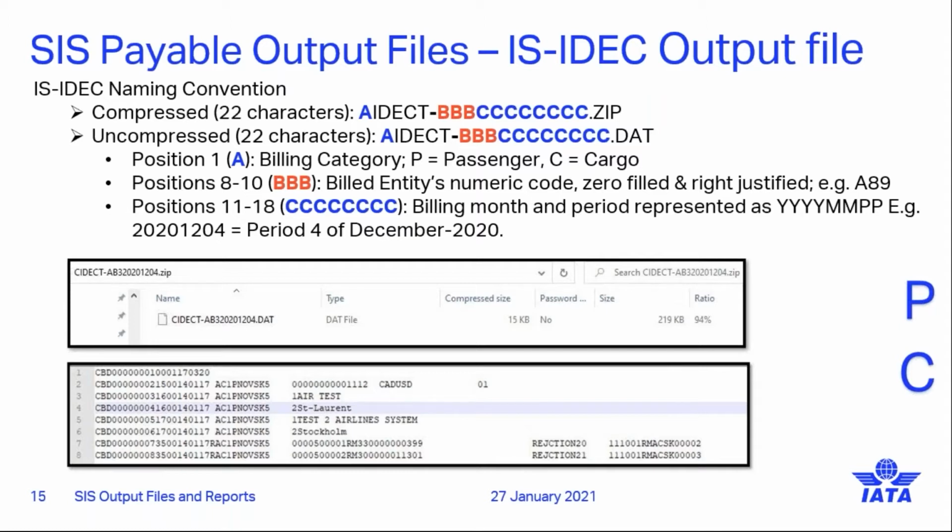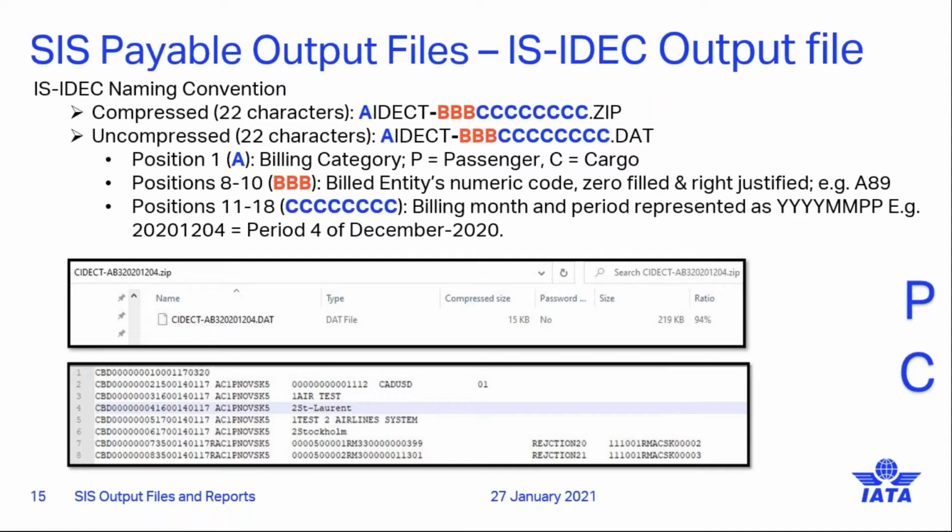Positions 8 to 10 will be the billed entity, and positions 11 to 18 will be the billing month and period represented as year, month, period, as we saw in the previous format, and here it's going to be the same. So period 4 of December 2020.